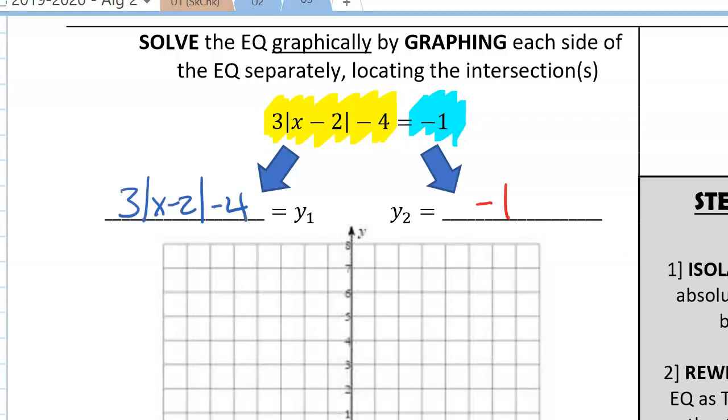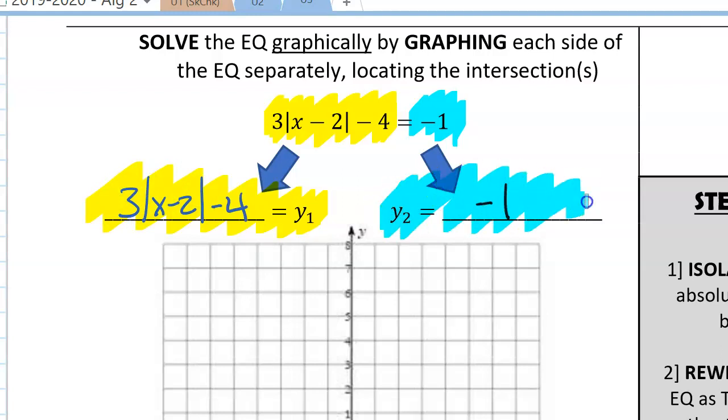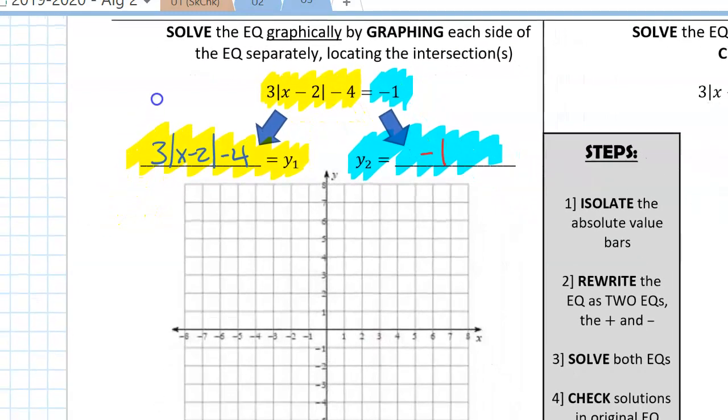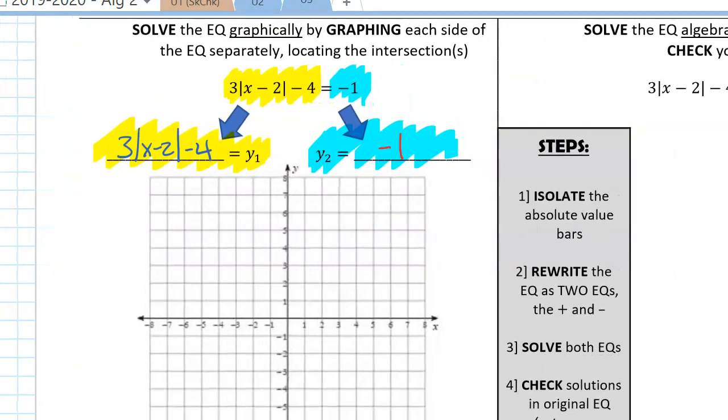So we can graph y equals 3 times the absolute value of x minus 2 minus 4, and we could graph the line y is equal to -1 and find where they intersect. Pretty powerful idea if you think about it, taking an equation that we normally solve with distributive property, combining like terms, all that stuff we learned in Algebra 1, and thinking about it as 2 different graphs and finding their intersection point.